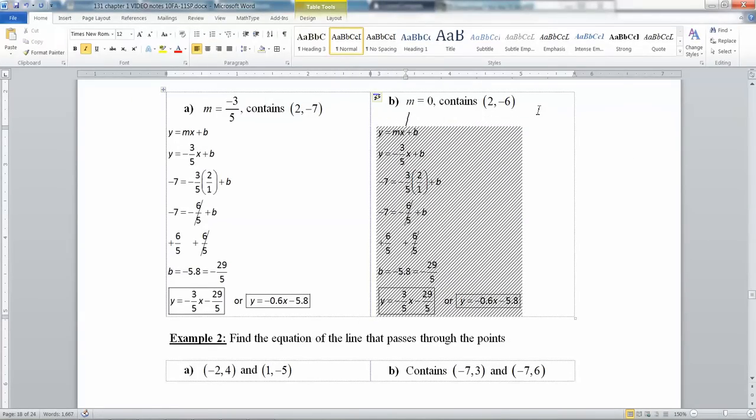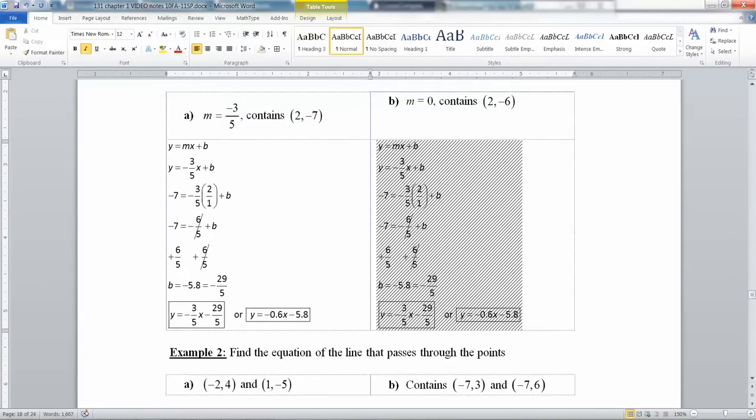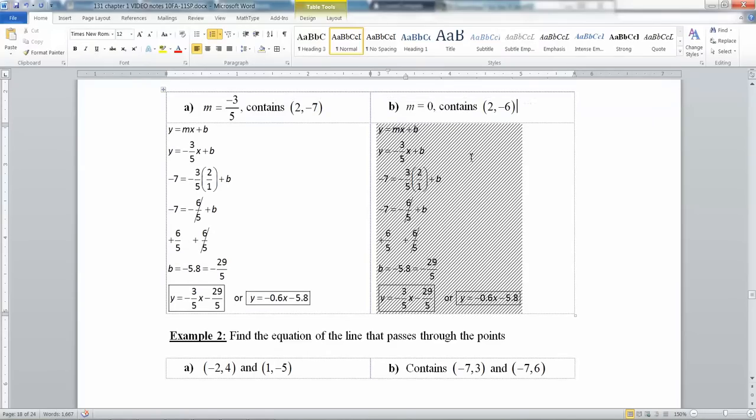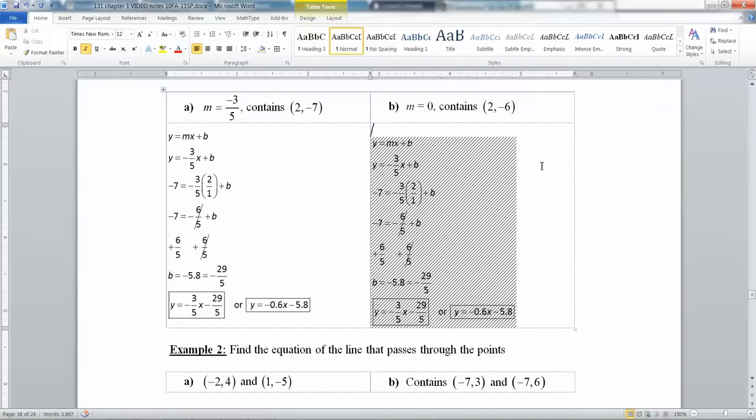This is a horizontal line. Has to be, right? Because 0 is the slope. It's horizontal because m is 0, right?